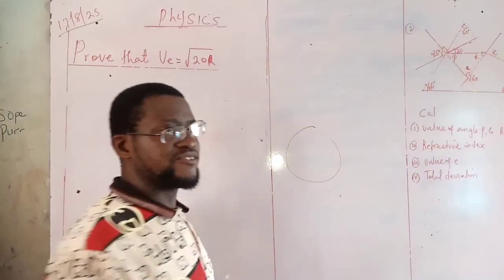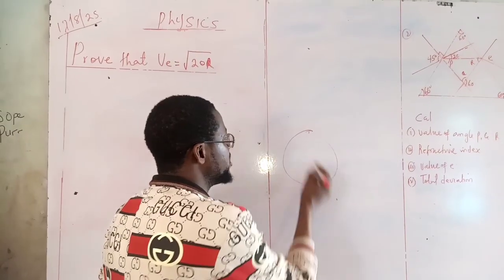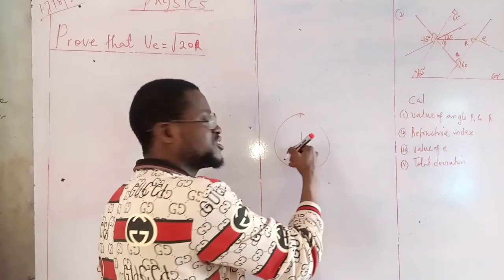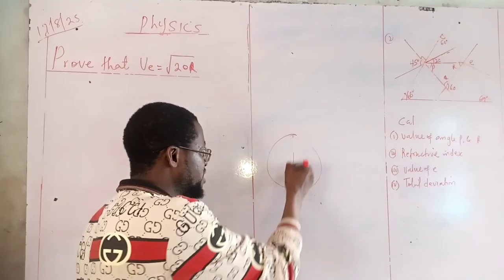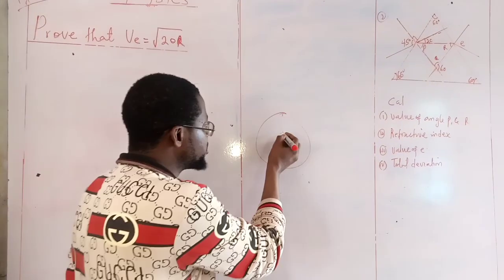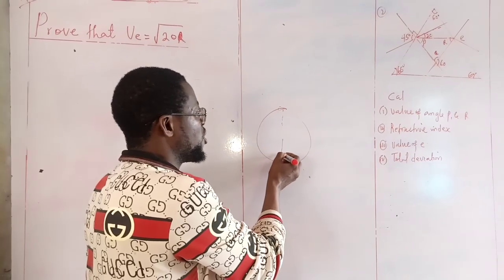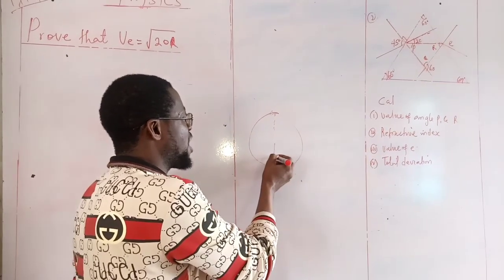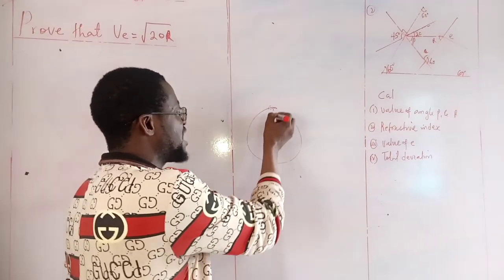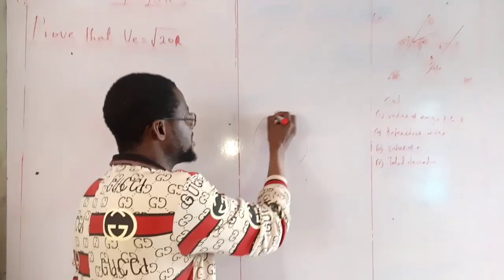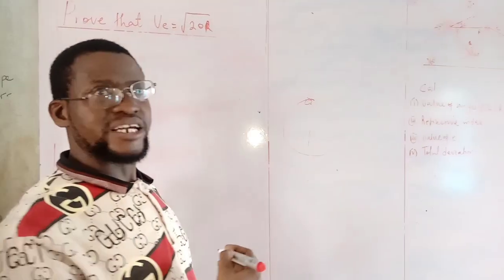If this is the Earth, for instance, and this is the orbit, if you throw anything and that thing is still within the orbit of the Earth, it will automatically fall down. But if you project anything and it is able to overcome the influence of this gravity, that thing may not come back again.